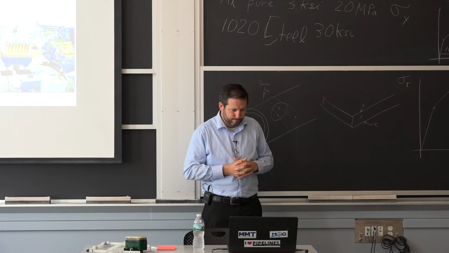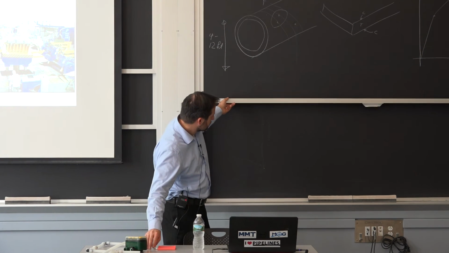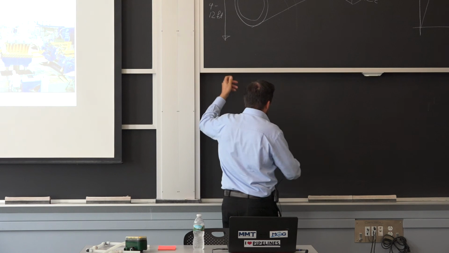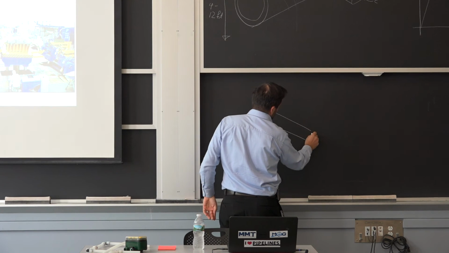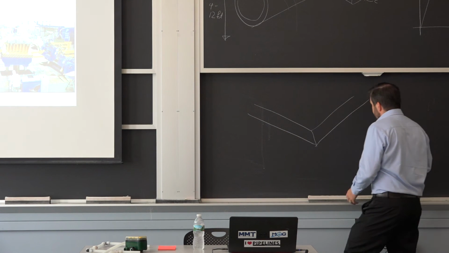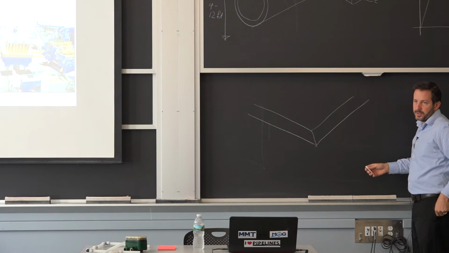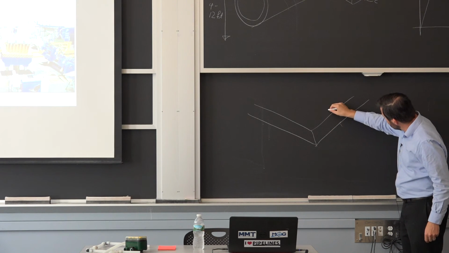The main difference, if we look at a cross-section, and that's done cold, right? What happens in a cross-section, if I'm trying to stamp a shape like this and I'm forming it, is I'm going to get tension on one side and compression on the other.